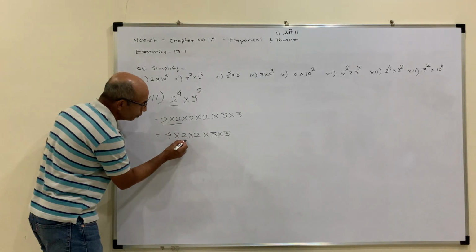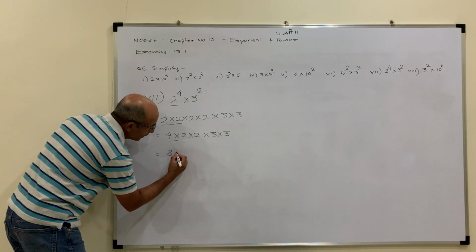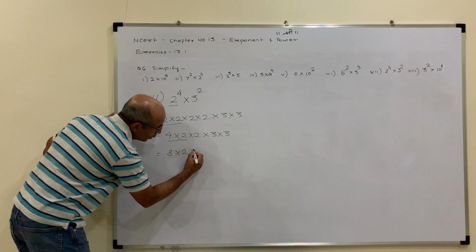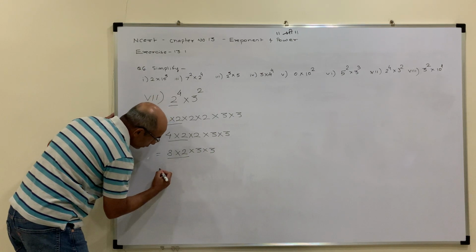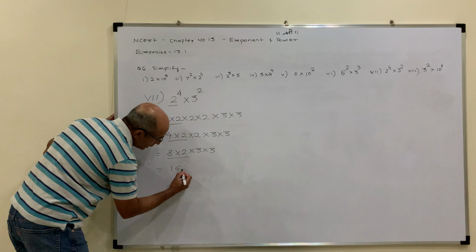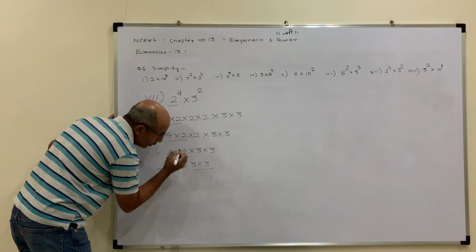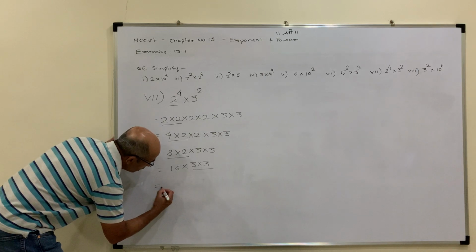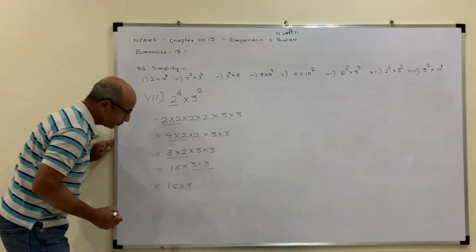So now I am going to do the multiplication of these two. It comes out to be 8 into 2 into 3 into 3. Now I add this one: 8 2s are 16, into 3 into 3. Now I will complete the 3 square: 16 into 3 3s are 9.